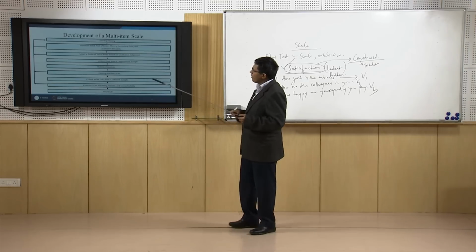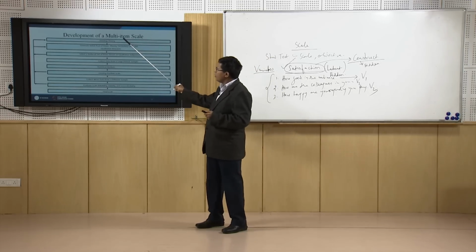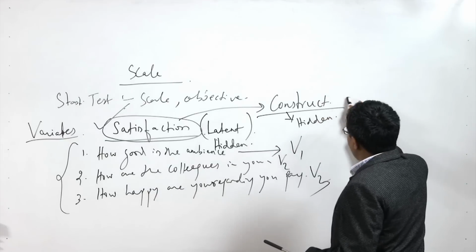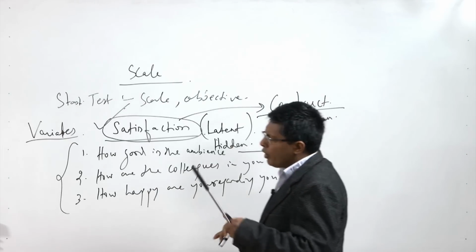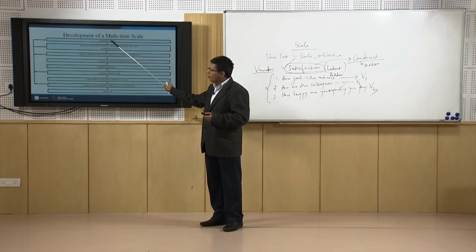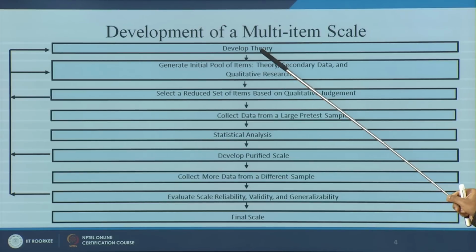So, how do you develop a scale? This entire process is called scale development. When you develop a scale, you start with a theory. Let us say you are conducting a study on productivity of employees, or in marketing, consumer preferences or the lifetime value of a customer.